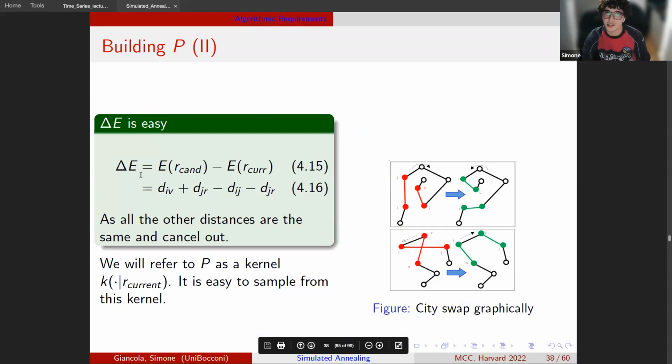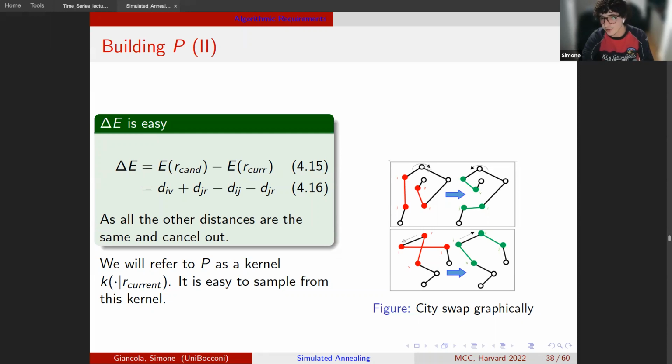Indeed, the change of energy or of distance is just the distance of the candidate minus the distance of the current route, which ends up being the distance between the exchanged indices, as you can kind of see and not see in this image. So if these two were linked and these two were linked, we just propose a swap of cities, which links cities that were not linked before and keeps the route valid.